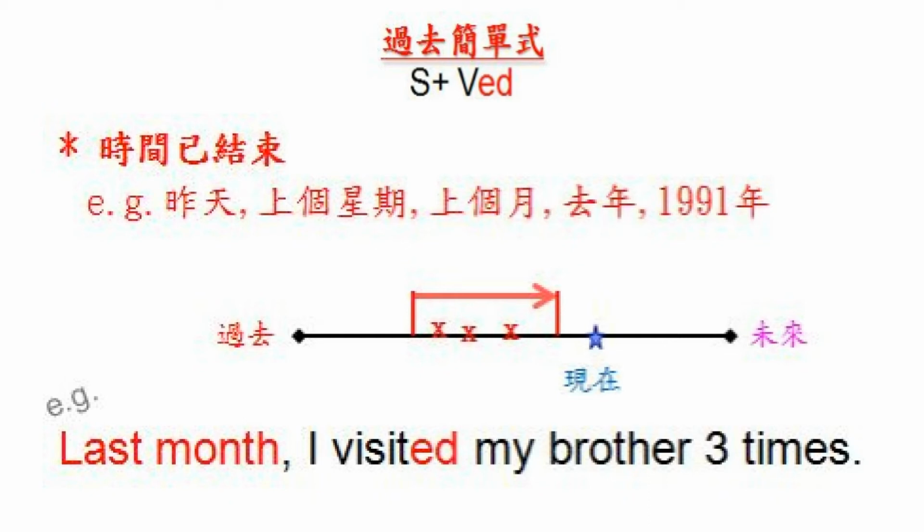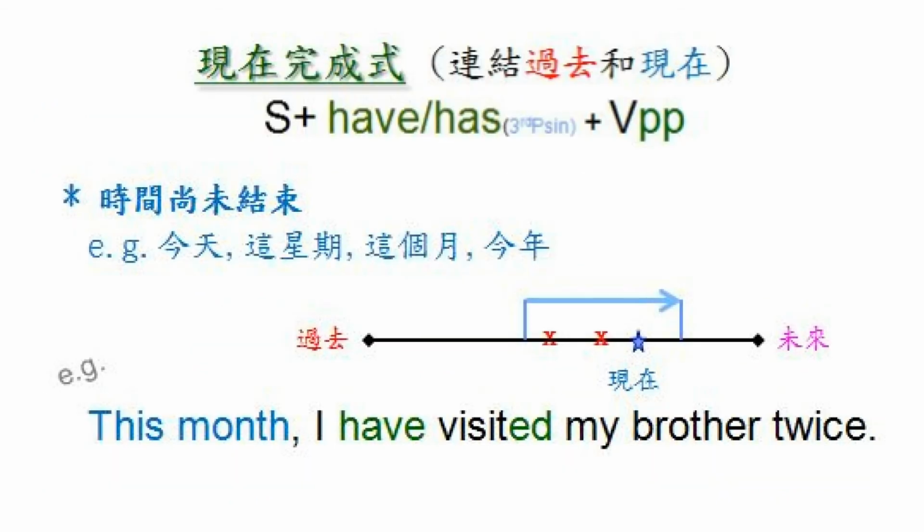When you're talking about a time period that has finished, like these, you need to use the past simple. But when you're talking about a time period that is unfinished, like today, this week, this year, this month, use the present perfect tense. So let's compare some examples.